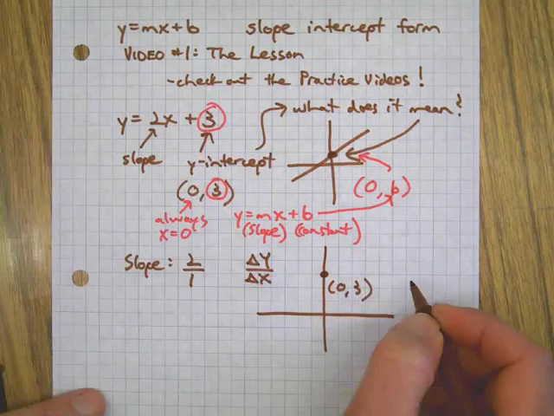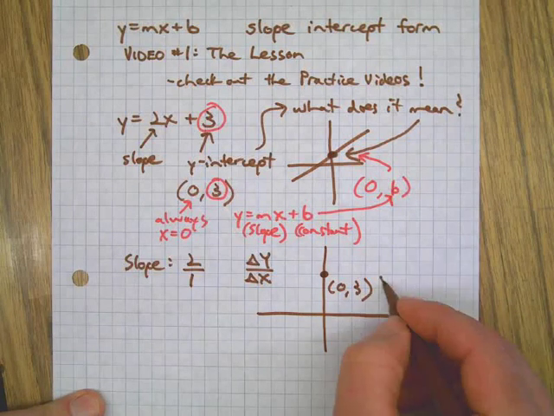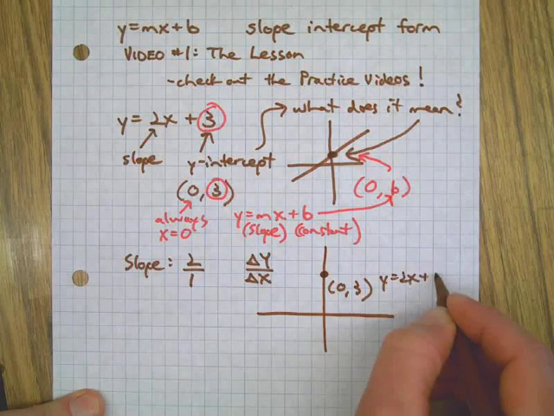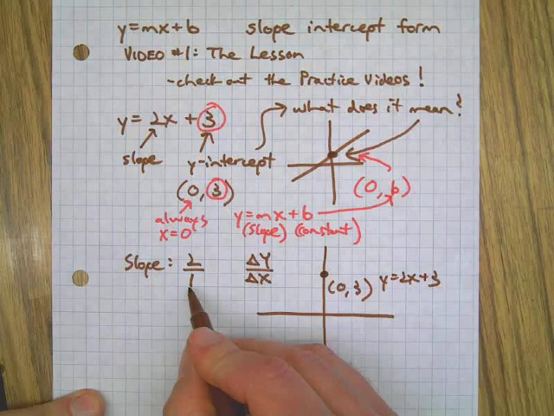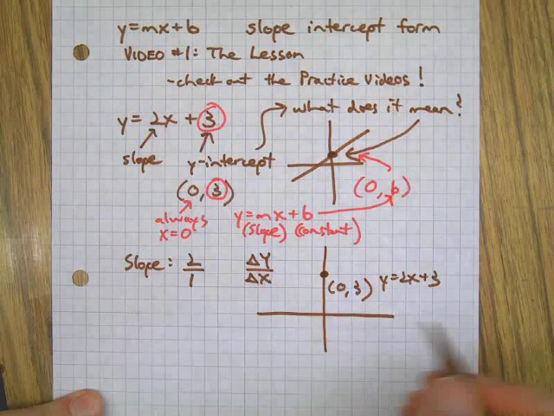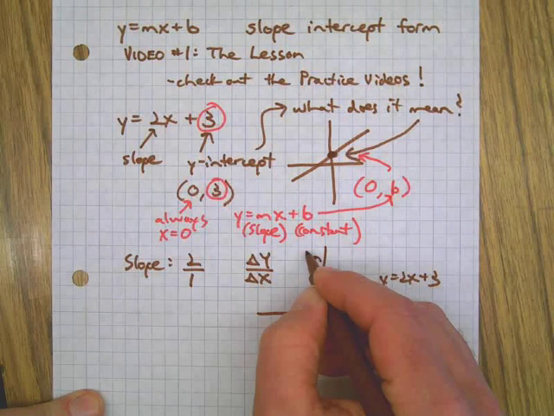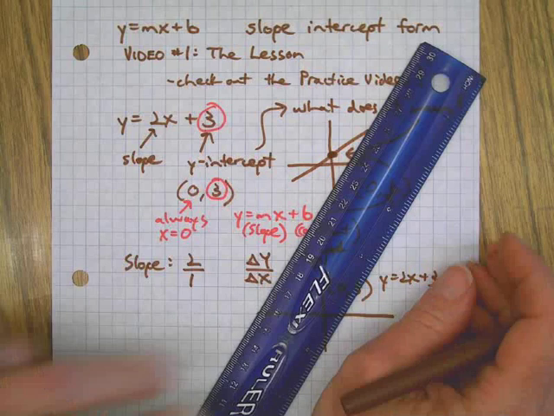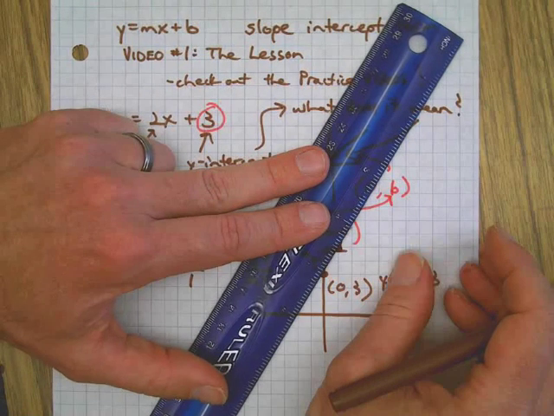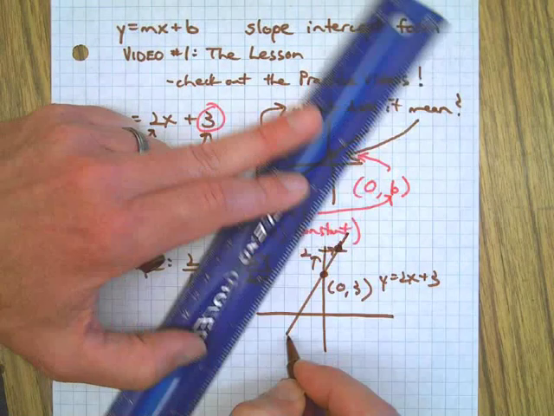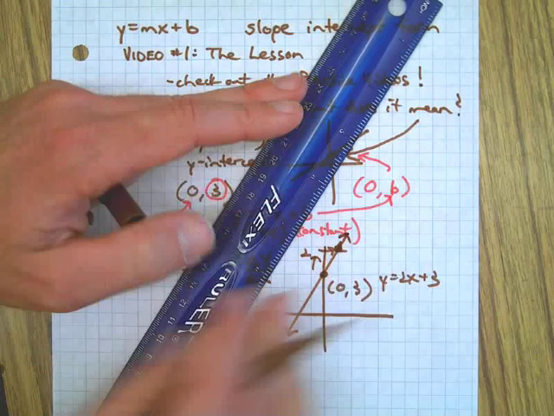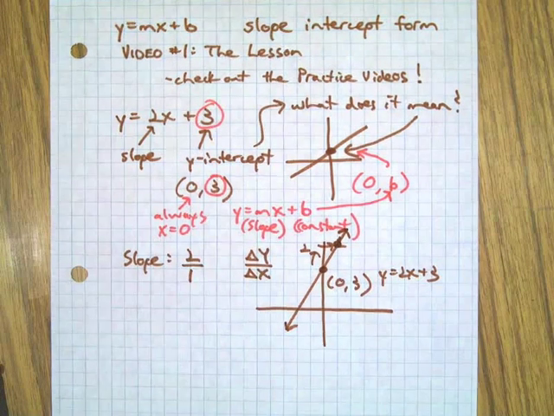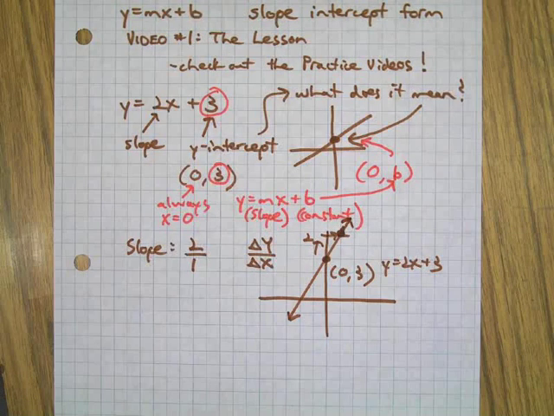There's the y-intercept for y equals 2x plus 3. And then the slope of 2 over 1 means I'm going to go up 2 over 1. Put a dot right there. Then I can take a straight edge, put a straight line through those 2 points, and I've graphed the line, y equals 2x plus 3.